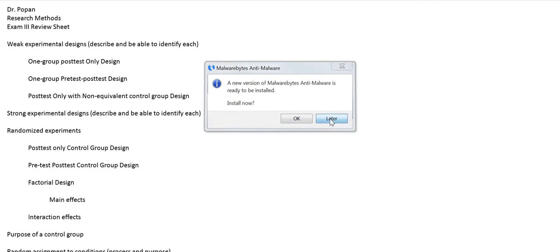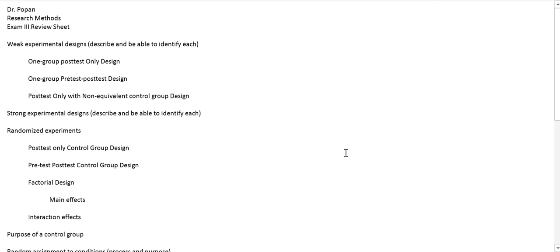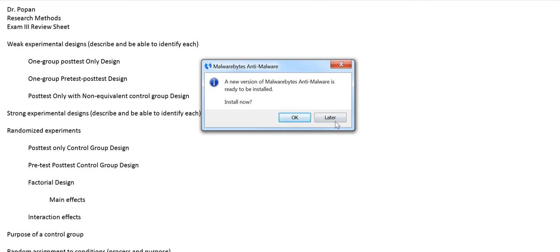There is only one group, let's call it the treatment group, and there is only a post-test measure. So if we wanted to test the effects of our treatment for social anxiety on social anxiety, and we only put people in the treatment condition, that would be a one group post-test only design.